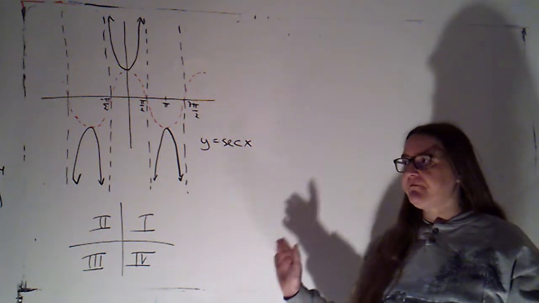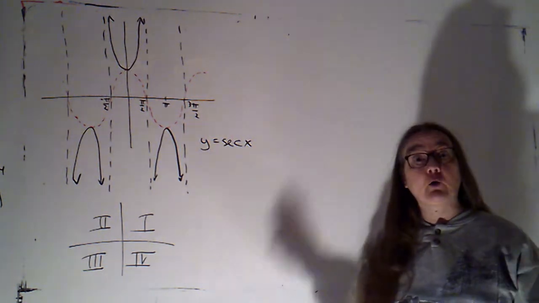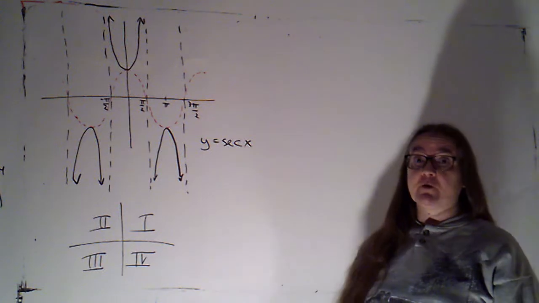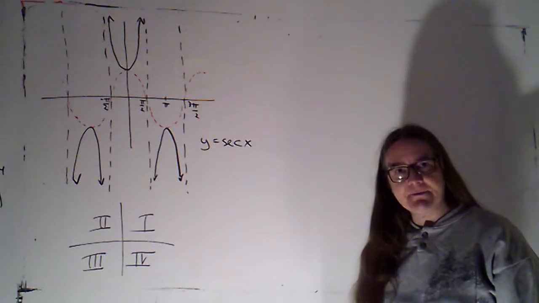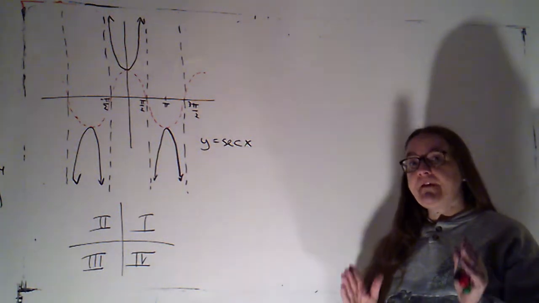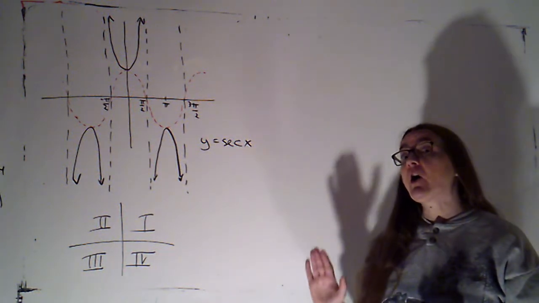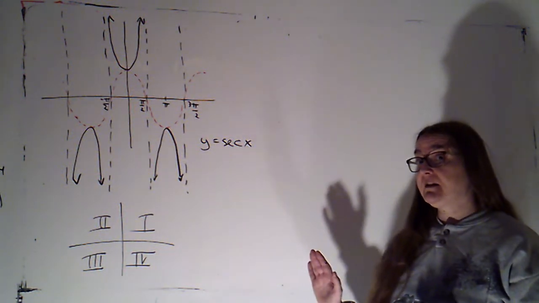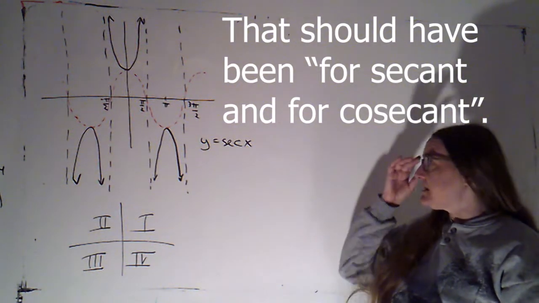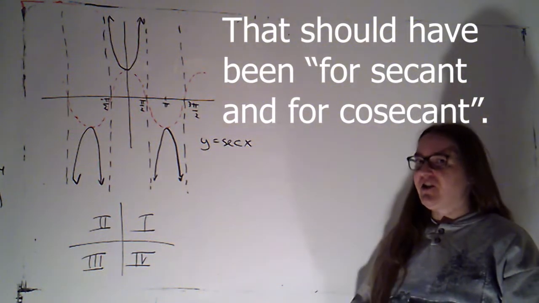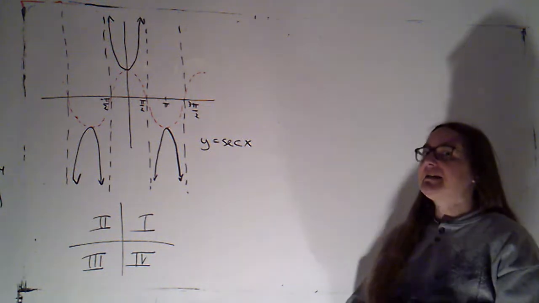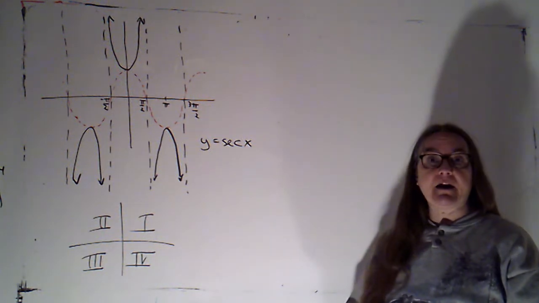That's kind of annoying. It would be good if mathematicians could just get together and agree on the definition of inverse secant. But we can't. So, very important that you know that for secant and also for inverse secant, the definitions of their inverse functions are not standard. There are two standard definitions out there.